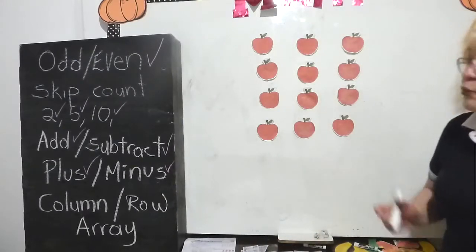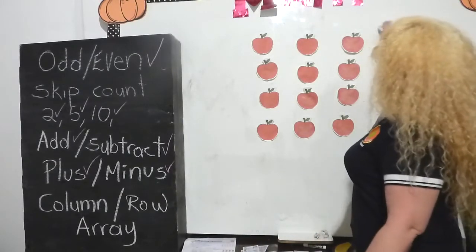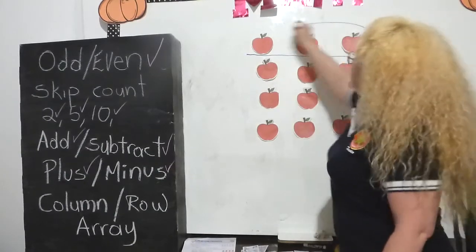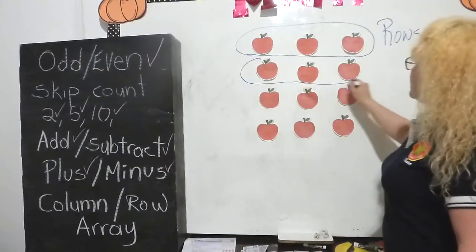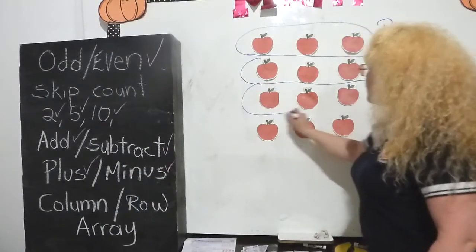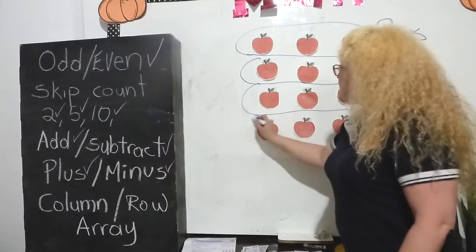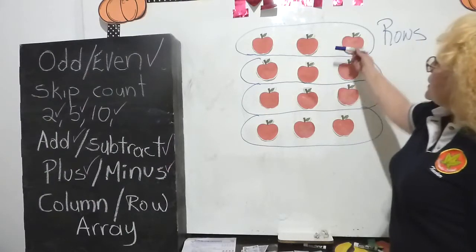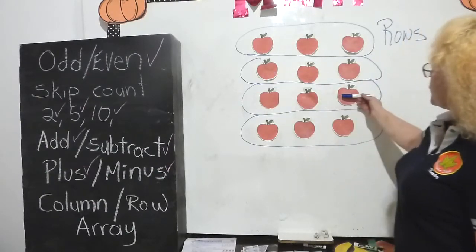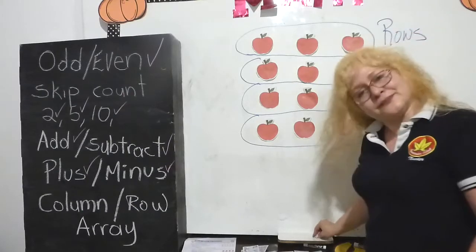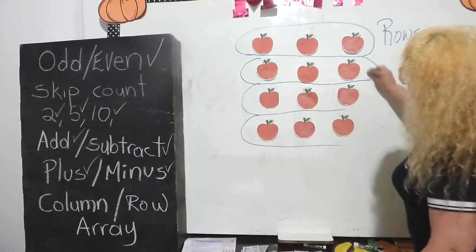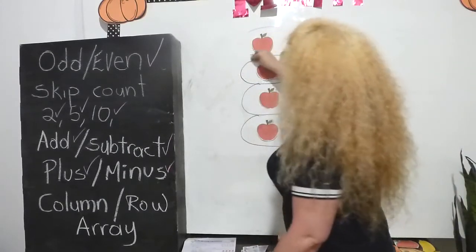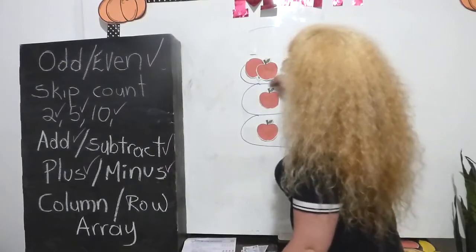So, how many rows do I have here? 1, 2, 3, 4. How many rows? 1, 2, 3, 4. Okay, now it's clear for you again what a row and a column is.